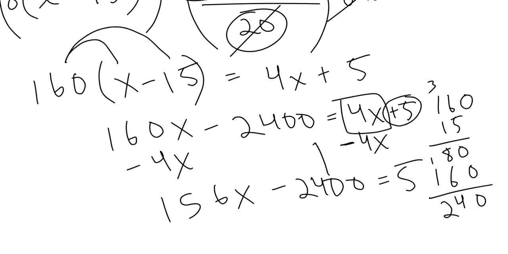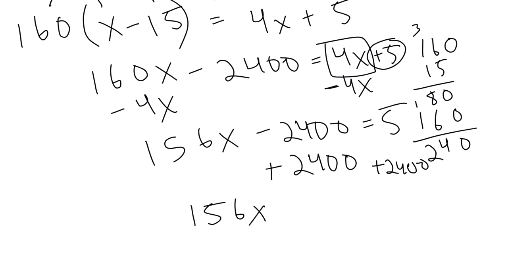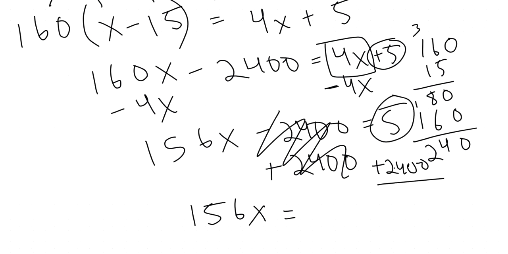Now let's go ahead and add 2,400 to both sides. So the left side will just be 156x. This cancels out, equals 5 plus 2,400. That's 2,405.